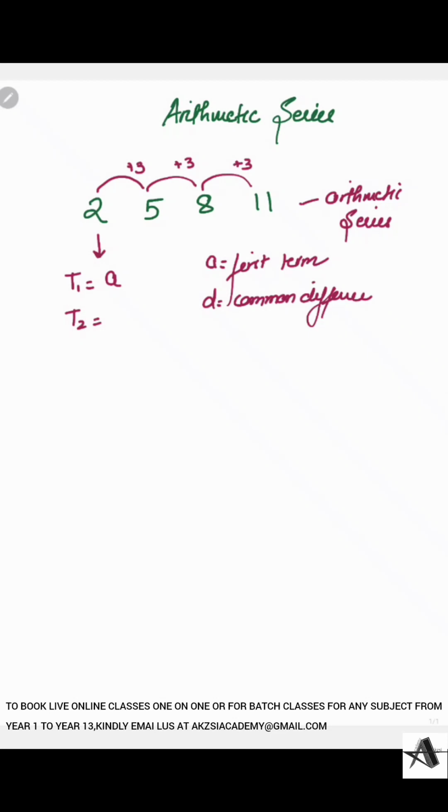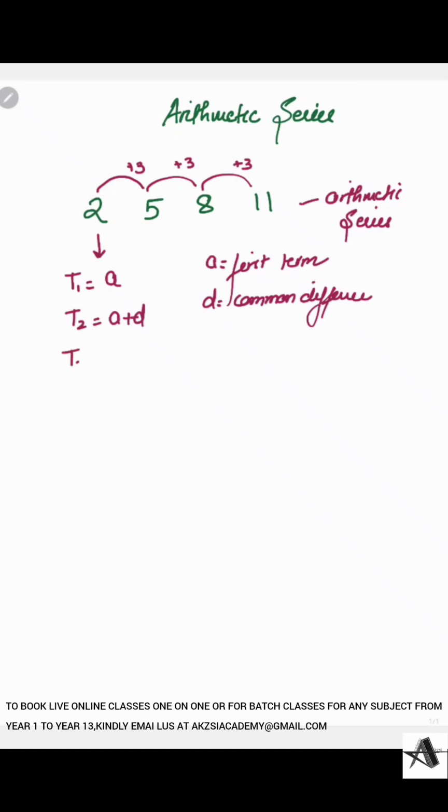If A is the first term, I'm adding here 3, that means my common difference is the same number that I keep on adding. So in terms of A and D, I can say the next term would be A plus D, just like here 2 plus 3 was the next term, that is the first term plus the common difference. Similarly, A plus D would be my second term.